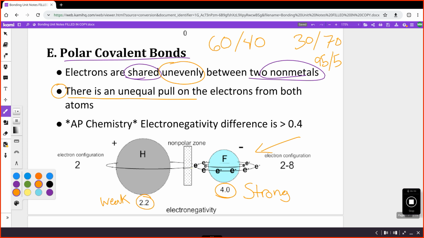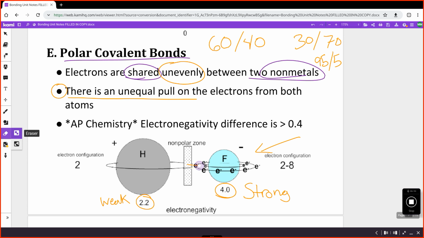They sense that electrostatic charge, that extra yank from fluorine's nucleus. And they get pulled over there more often. They hang on the side that is more electronegative more often. And this creates an uneven sharing.